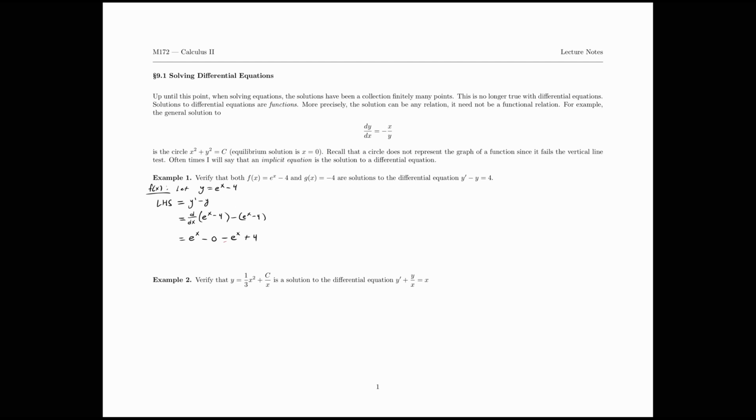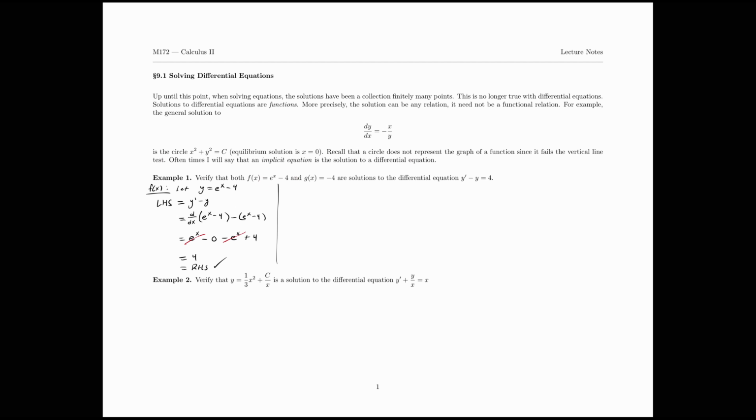The e to the x's cancel out, and we're left over with the number 4. And you can see that number 4 is just exactly what the right-hand side is. So we started with one side of the equation, and we worked in an orderly fashion until we arrived at the other side of the equation. The fact that the left-hand side matches the right-hand side upon substitution, that verifies this e to the x minus 4 as a solution to the differential equation.